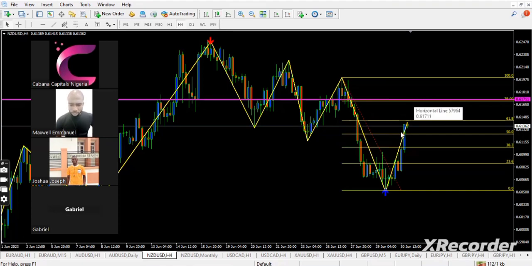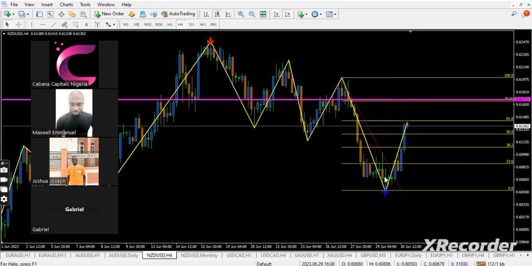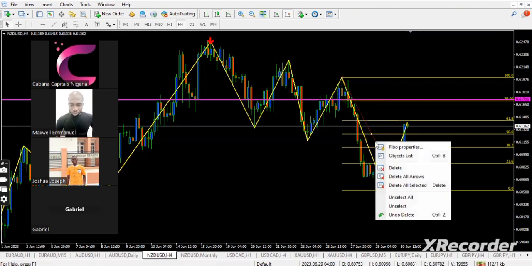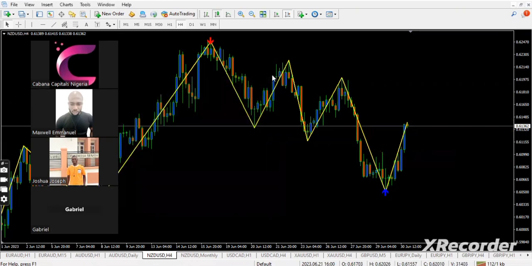New Zealand USD. You can't buy. I wouldn't advise that you buy now. This would have been the best area to buy New Zealand USD. If you execute a buy now, the risk will be very high. So if you're considering buying New Zealand USD, you should expect price to pull back.